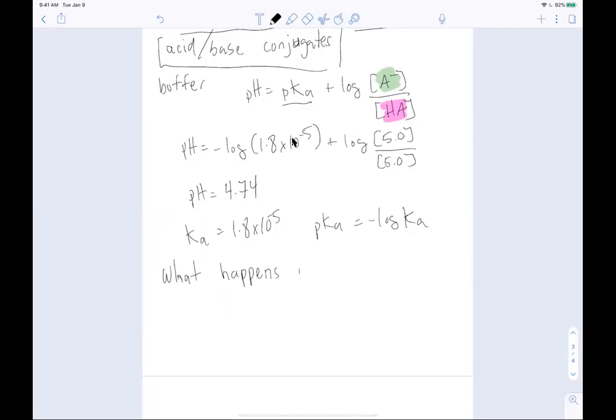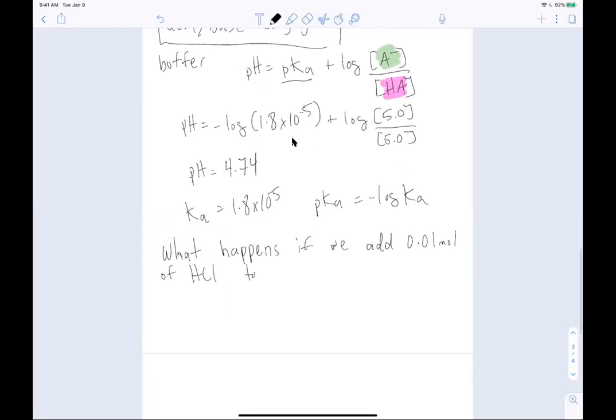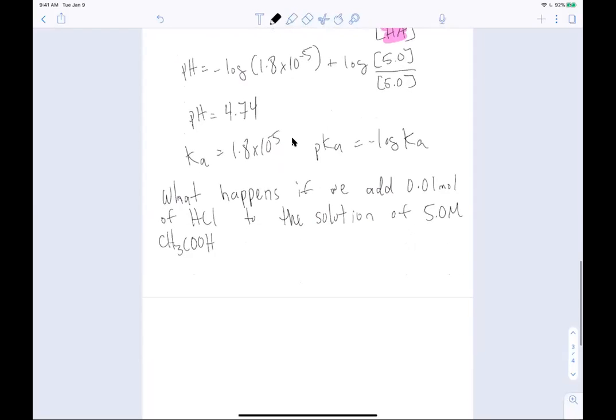What happens if we add 0.01 moles of HCl to our solution of 5 molar acetic acid that also contains 5 molar acetate.